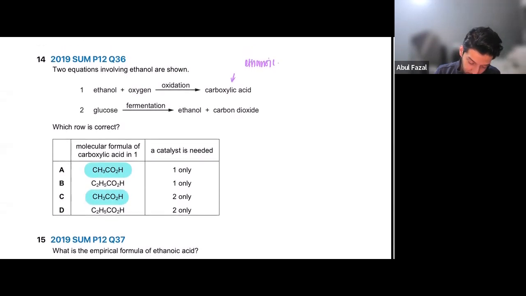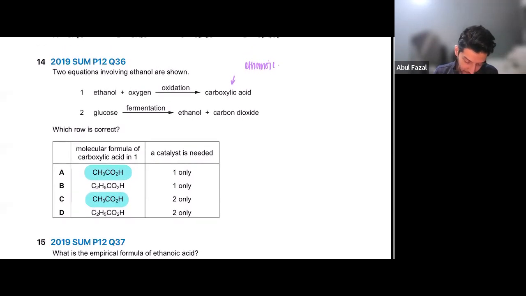All right. In which reaction do we need a catalyst? Ethanol plus oxygen, what's the catalyst over here? The reagent you use is KMnO4, so you don't really need a catalyst.